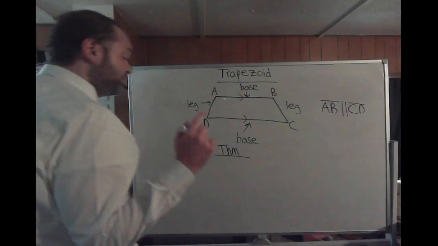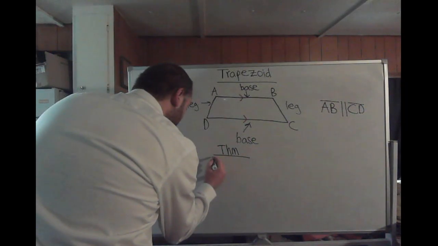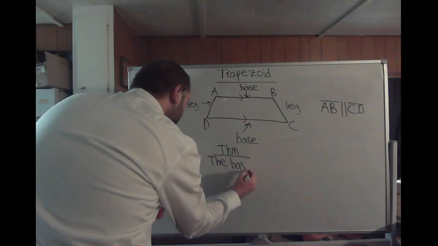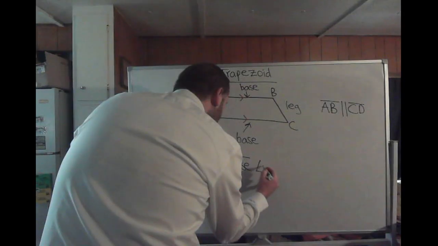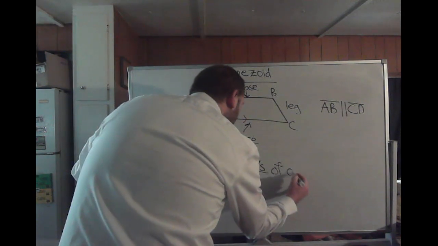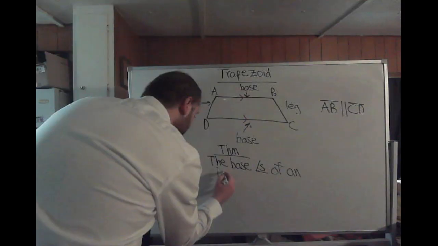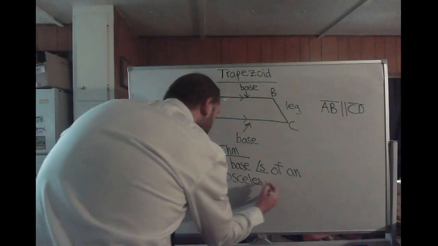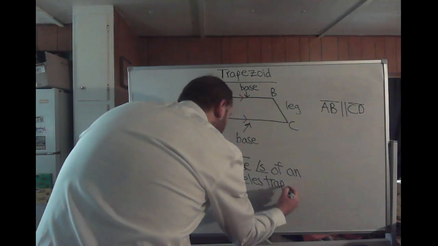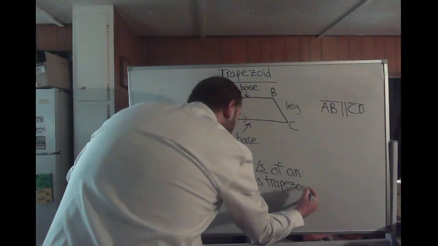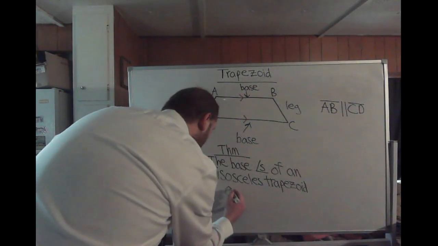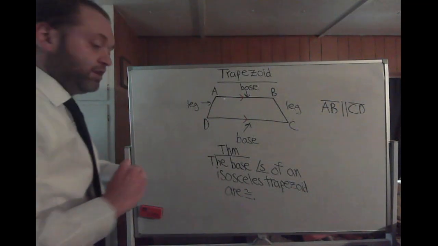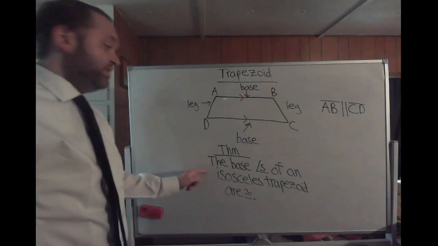So the first theorem states the base angles of an isosceles trapezoid are congruent.